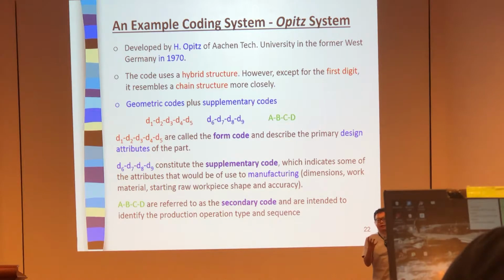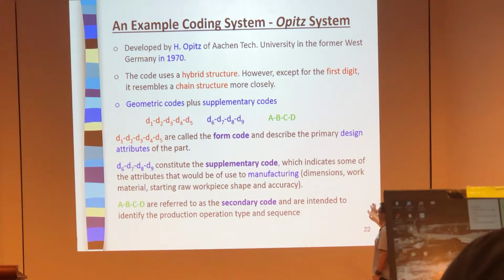They belong to design attributes, and describe the primary design attributes of the part. The second 4, digits 6 to 9, constitute what is called the supplementary code. It indicates attributes that are of use to manufacturing, like dimensions, material, raw stock, piece shape, and accuracy, and so on.